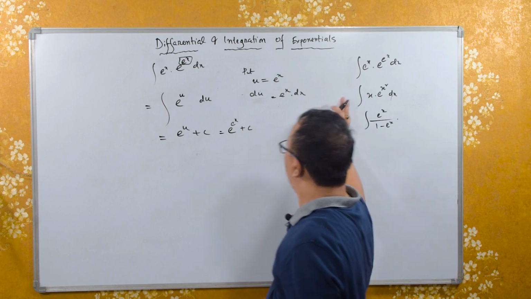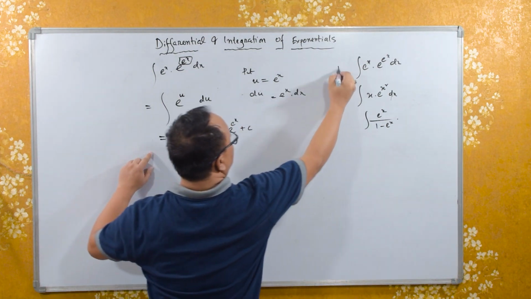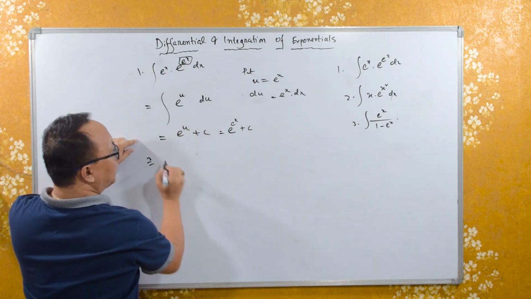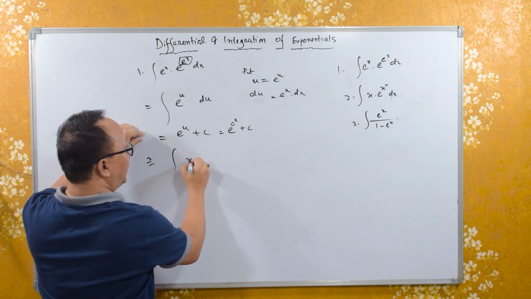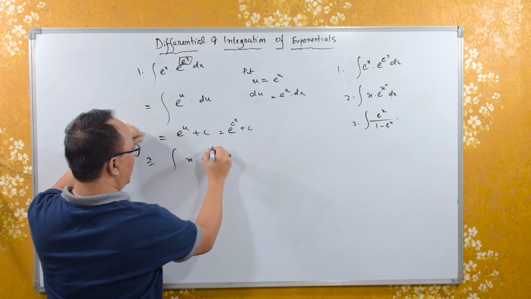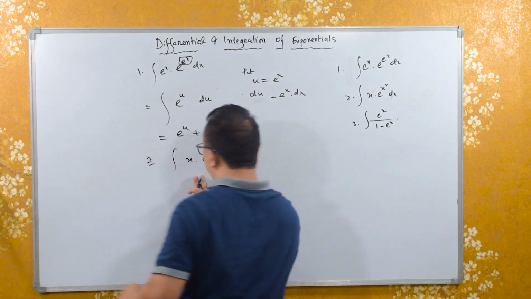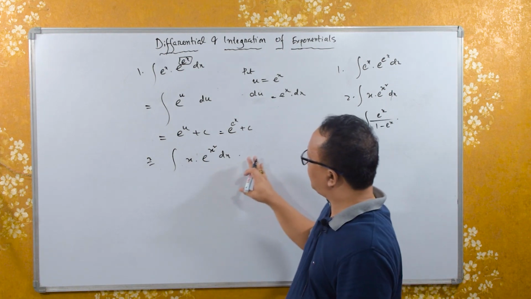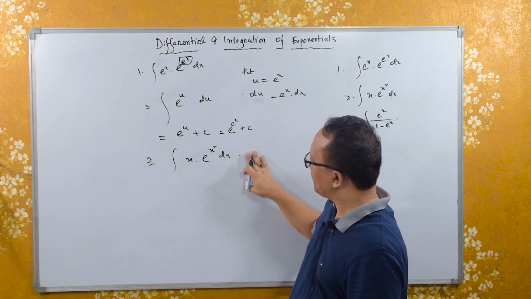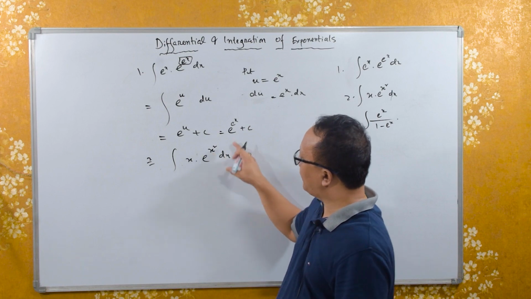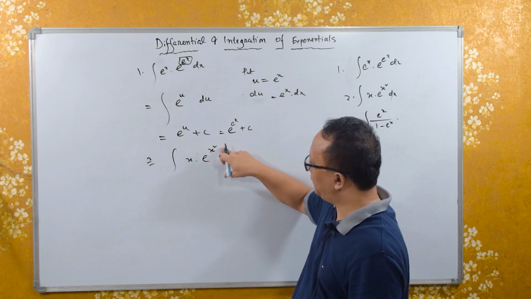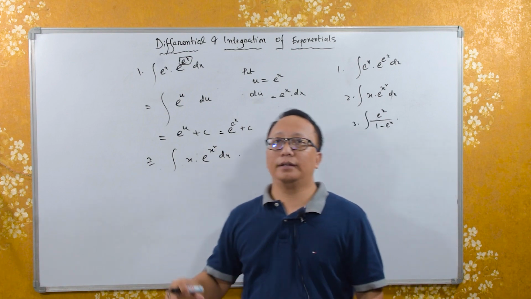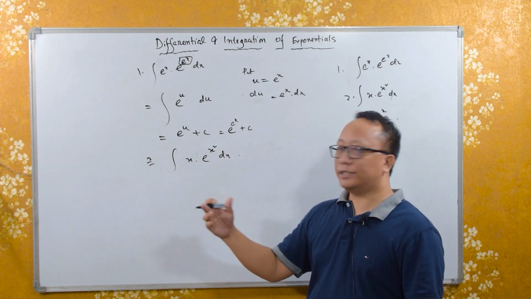Now let's take example number 2. Integral of x into e raised to x square dx. Here also you have to think. If I substitute x square equals u, then I will be getting what? If I differentiate x square, then du will be twice x into dx.